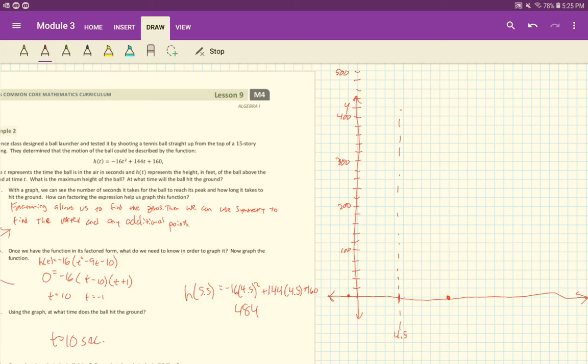And so 484 is what we have to go up to. So at 4.5, 484. There would be 480, so 484 would be right there.